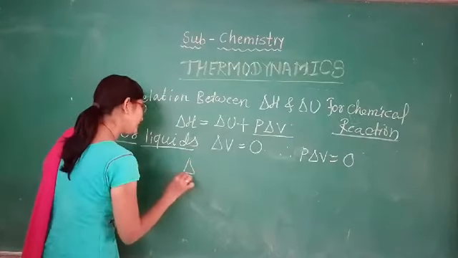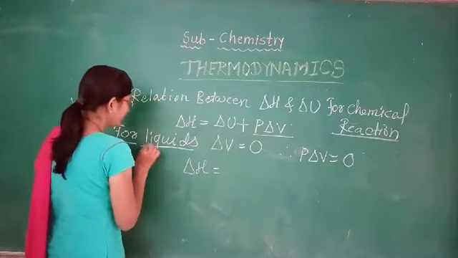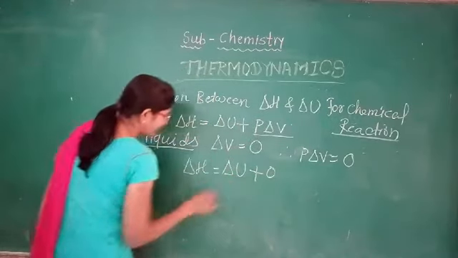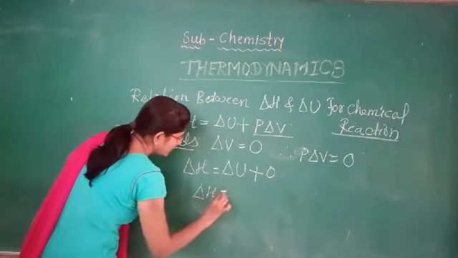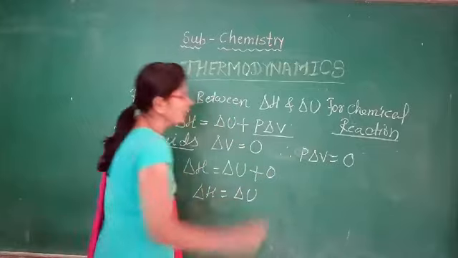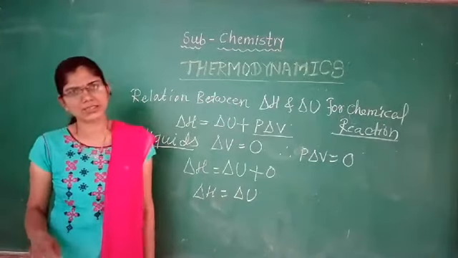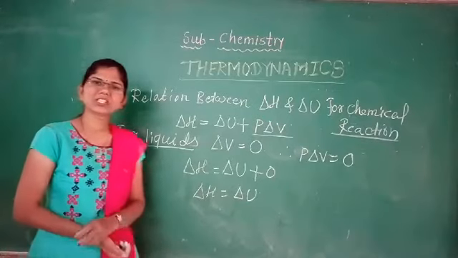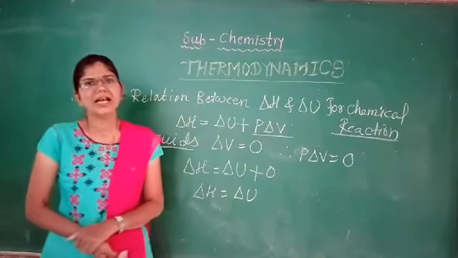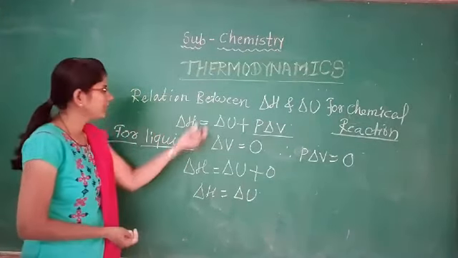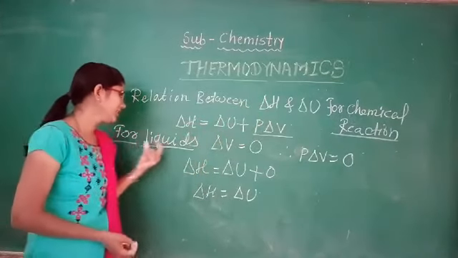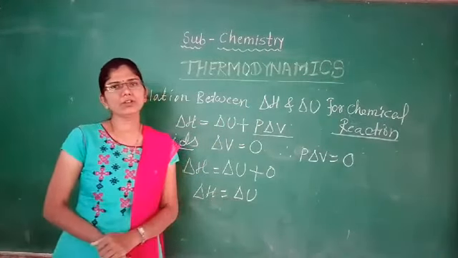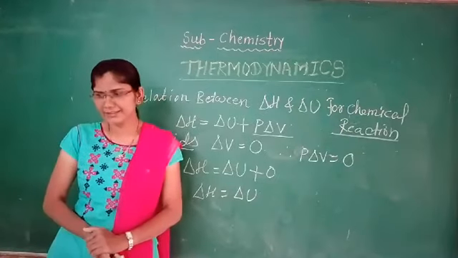Therefore the change in enthalpy for the liquid is delta U plus 0. That means delta H is equal to delta U for the liquid also. Means for a solid and a liquid there is a negligible change in the volume, and therefore delta H is equal to delta U for liquids and solids.